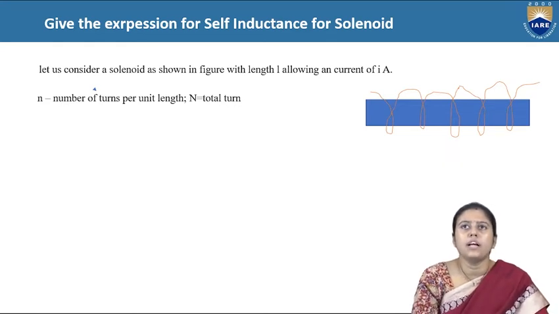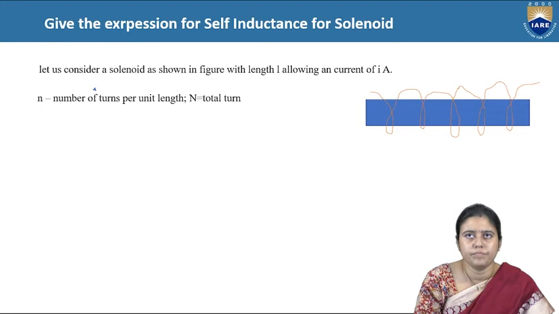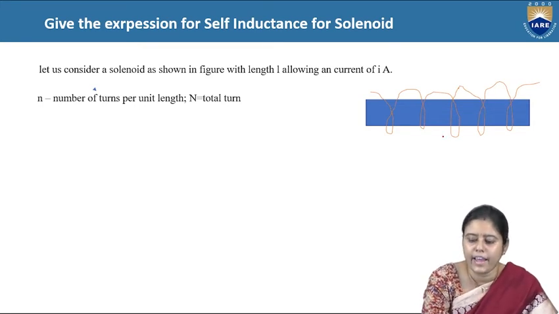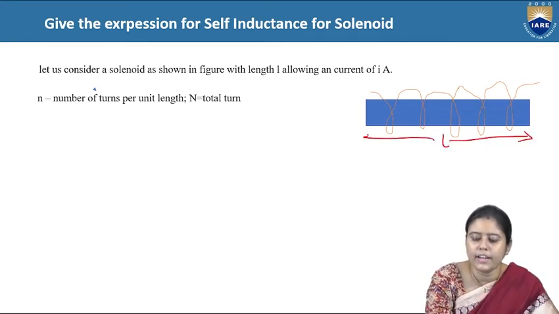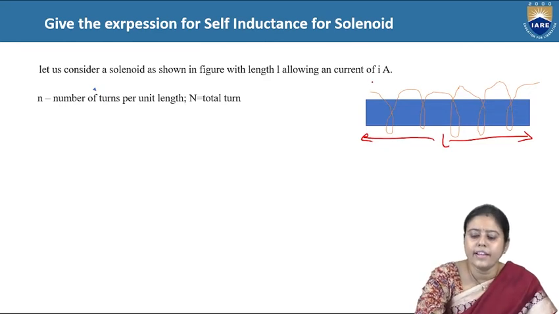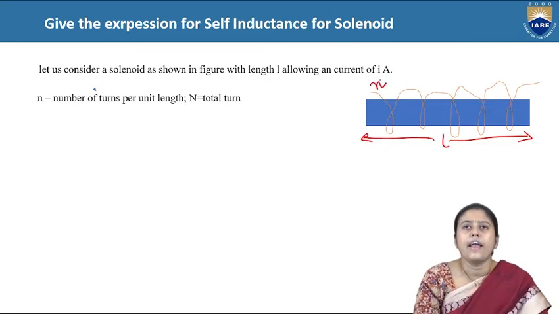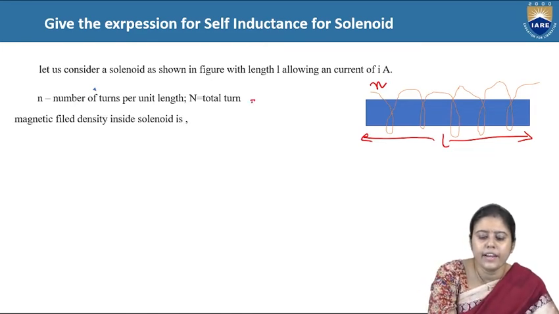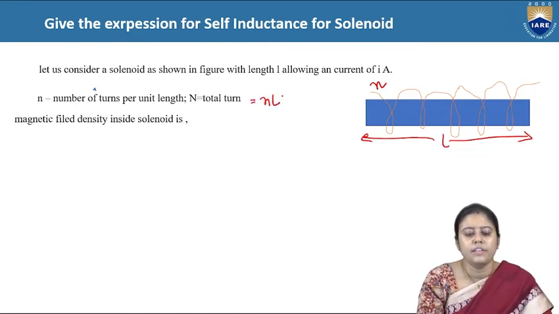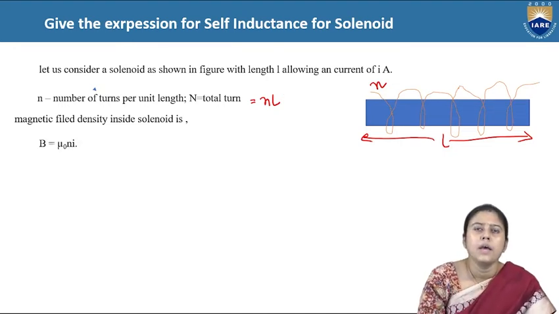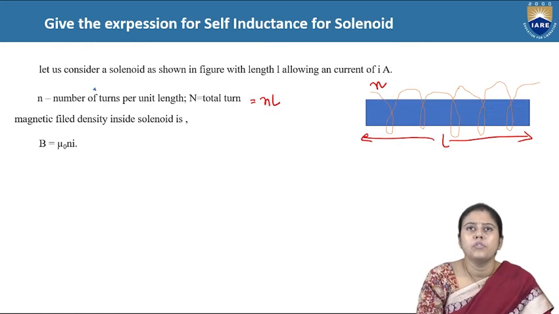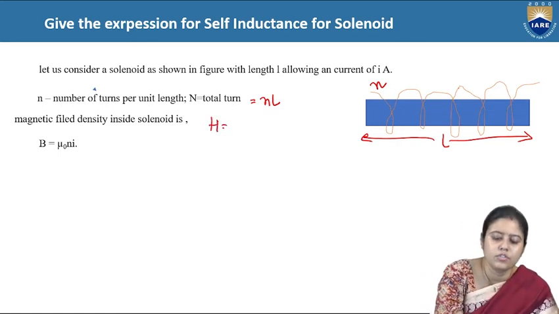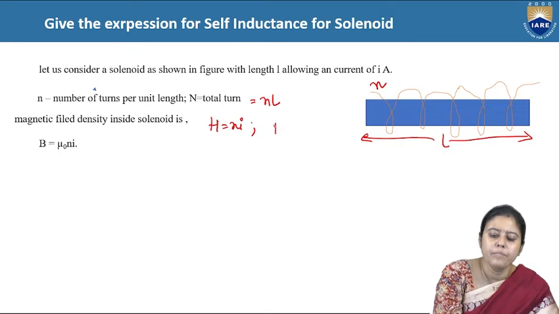If the total length is L, n is the number of turns per unit length and capital N is the total number of turns, we can write capital N equals n into L. So the magnetic field in the solenoid is B equals mu naught n I, because H equals n I and B equals mu naught into H.